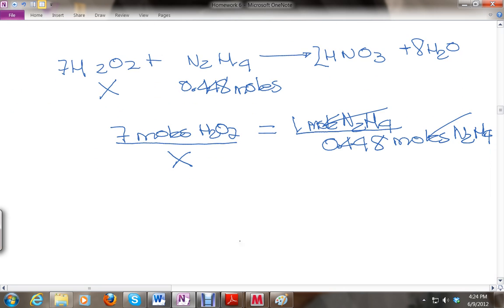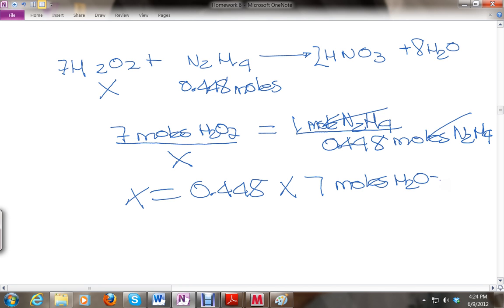And this is going to give you, again, X goes here on top. And then here you go, 0.448 on top. No moles because we already canceled it out. But this one, yes, 7 moles of hydrogen peroxide, and that's what they're asking for, divided by 1.